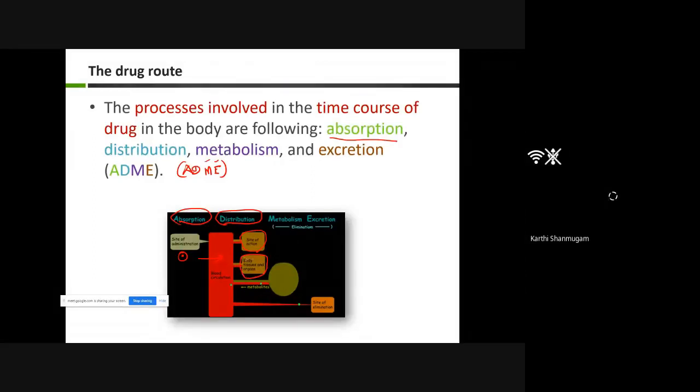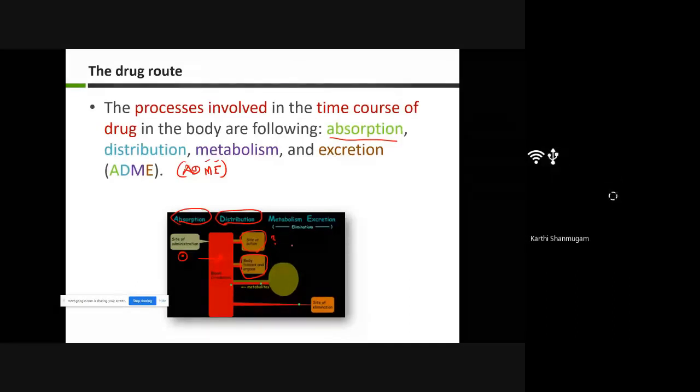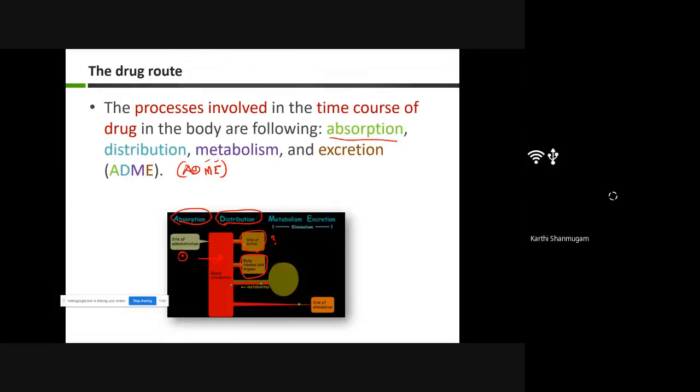This entire process is called distribution, which means that the molecule will be distributed throughout the body, not only to the site of action. But the therapeutic effect depends on how much concentration of drug molecule is present near the site of action. I'll talk about this later, with some other example. So this process is what is called distribution.